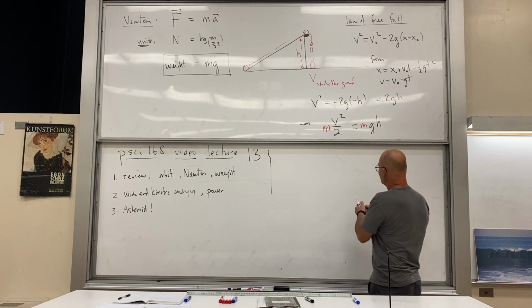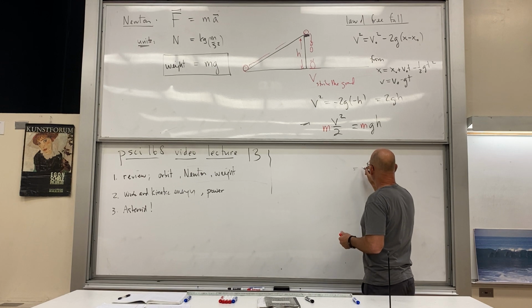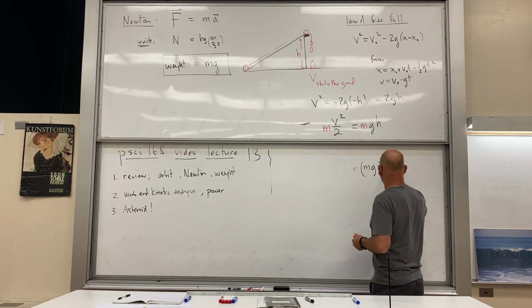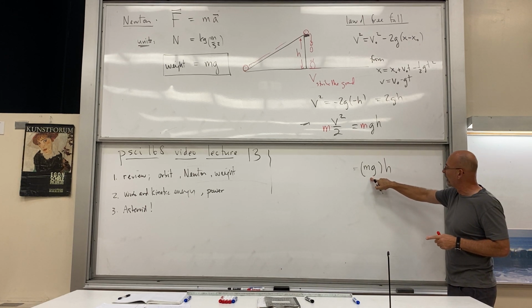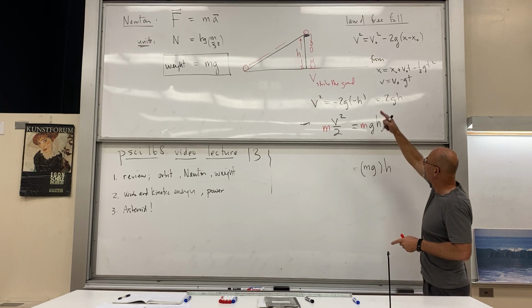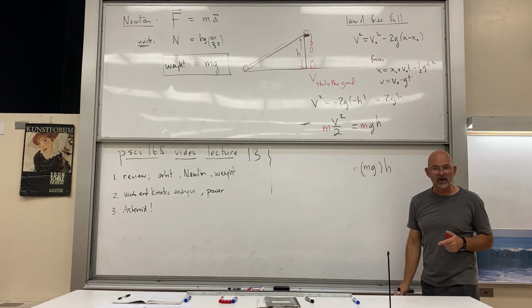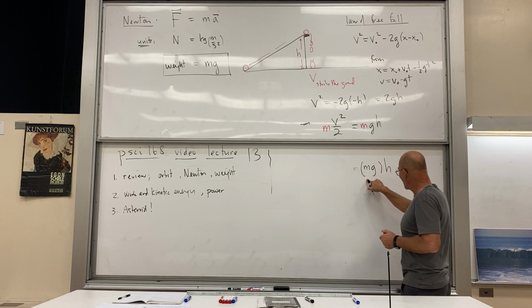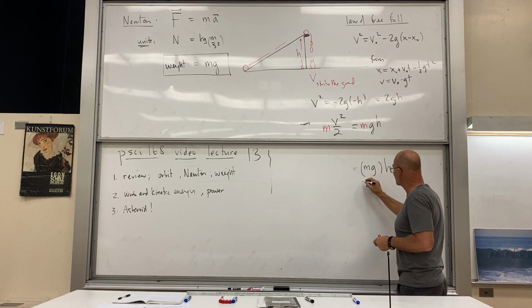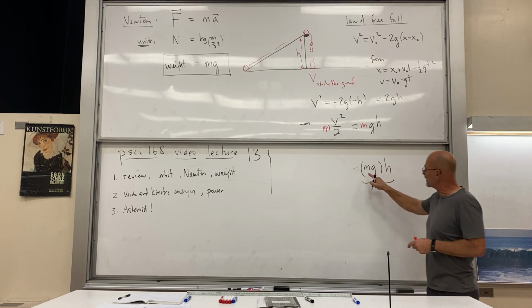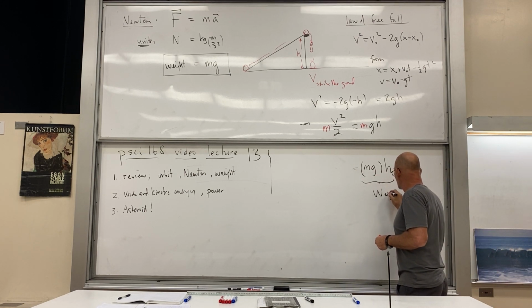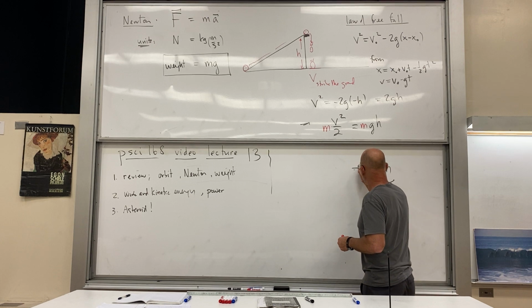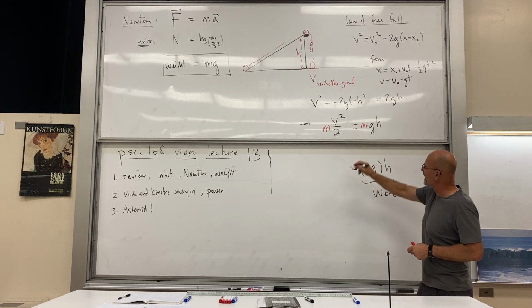But look at what we have here. This m times g, that is the weight. We just discovered that's the weight, and we know the weight times the distance lifted or dropped is work. So this is weight times height is work, this entire expression, because we now discovered that the weight is m times g, this is work. And what do we have on the other side?